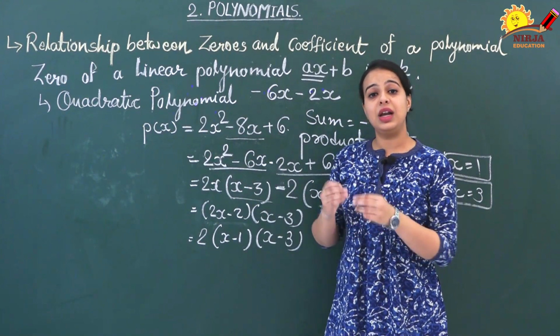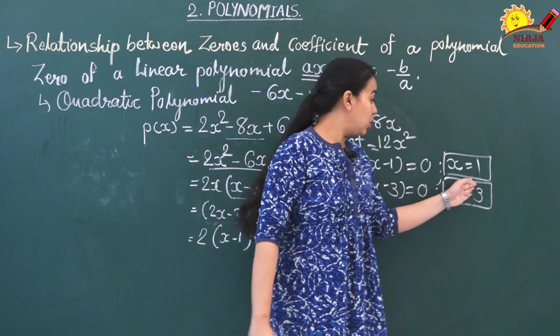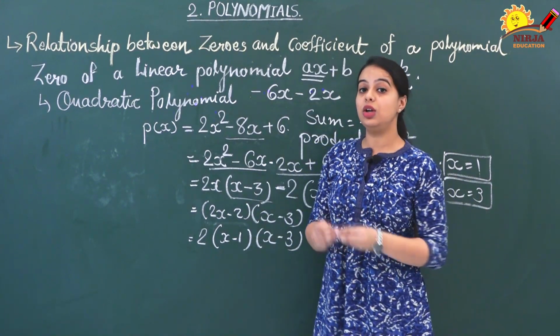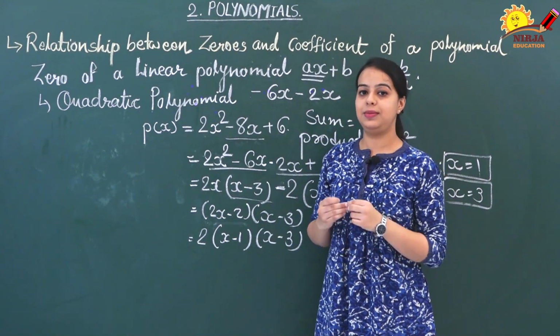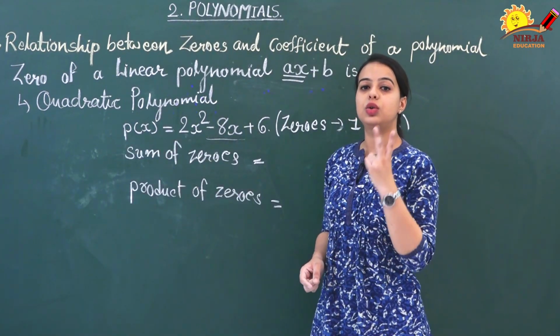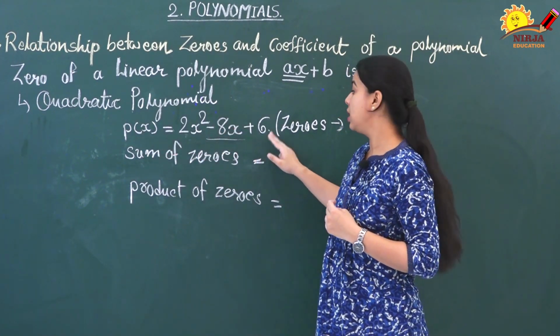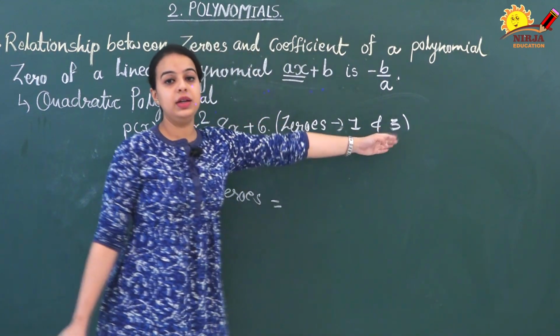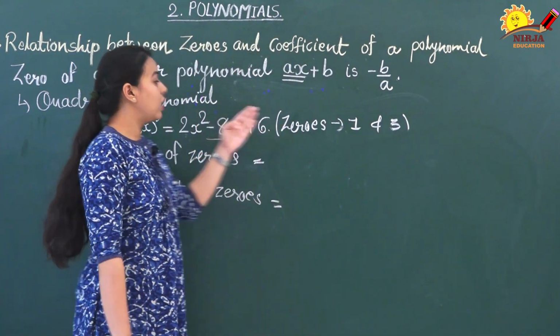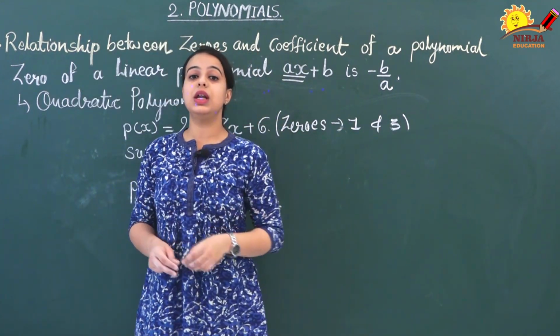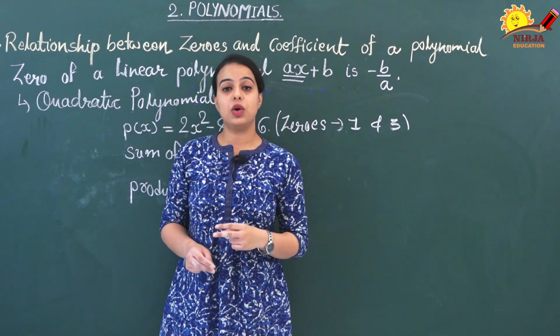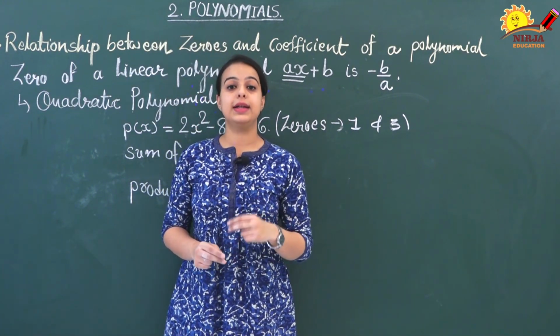Now let's see the relationship between these zeros and the coefficients of a quadratic polynomial. Just now we got two zeros of this polynomial 2x square minus 8x plus 6, which are 1 and 3. Now we are going to see what is the relation between the zeros of a quadratic polynomial and its coefficients.